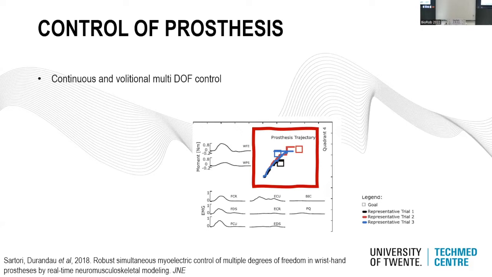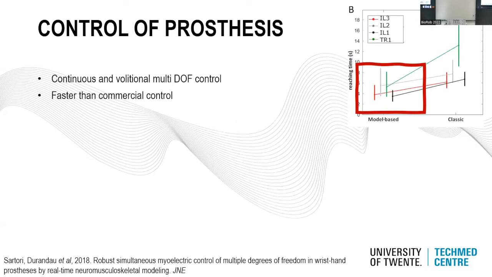And you can see it here that to go to point A to point B, he took the shortest path using 2 degrees of freedom. But we also saw that using our framework, we can move clothespin from A to B faster than the classic and commercial controller that is sold with the prosthetic.